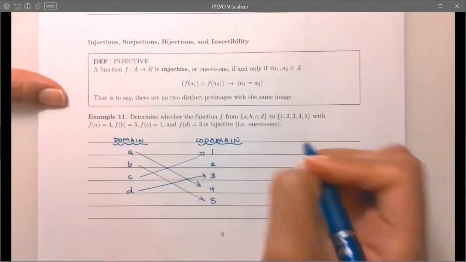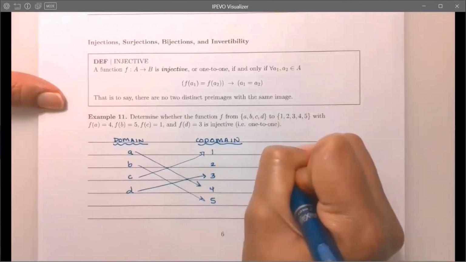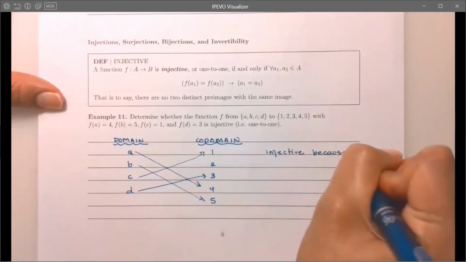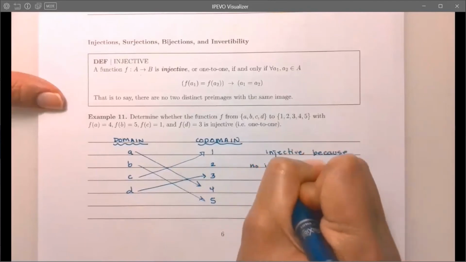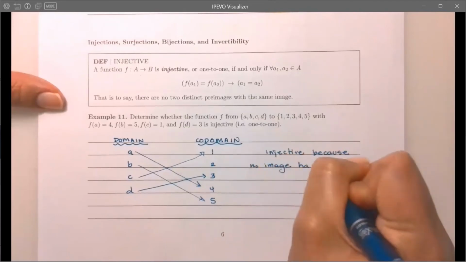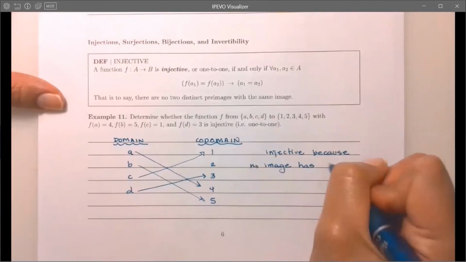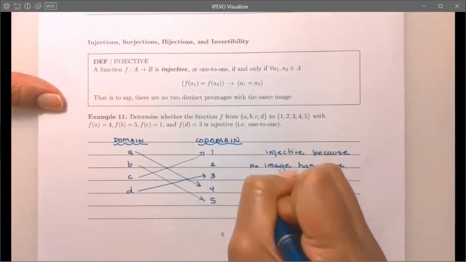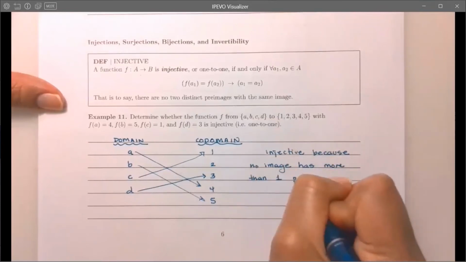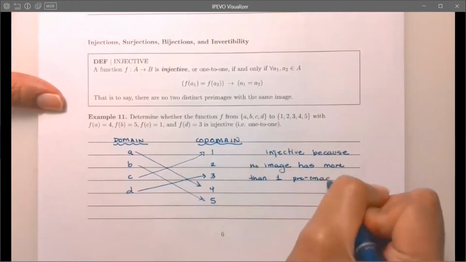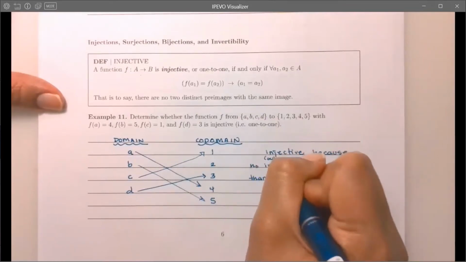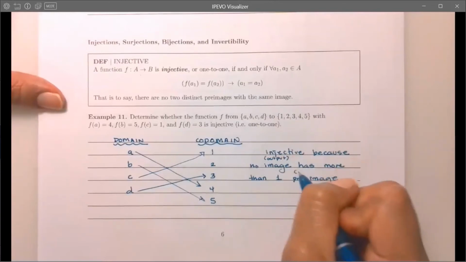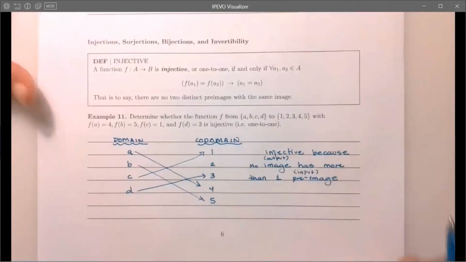So in this case, this is injective because no image has more than one pre-image. And so you can think of image, again, as output. No output has more than one corresponding input.